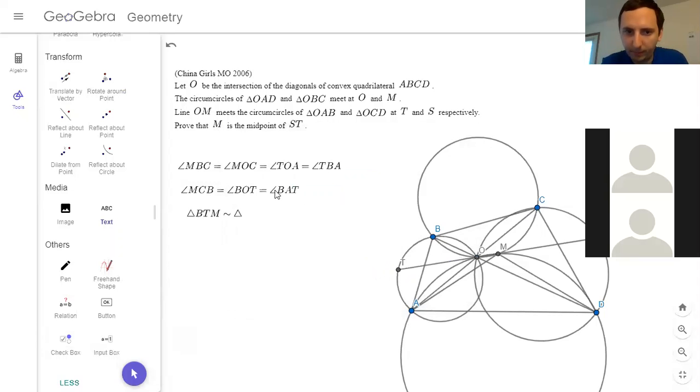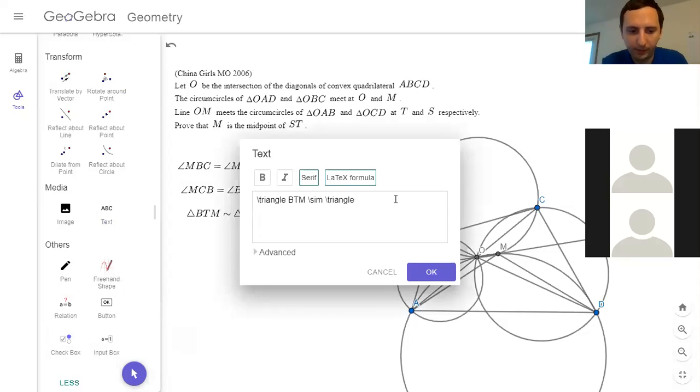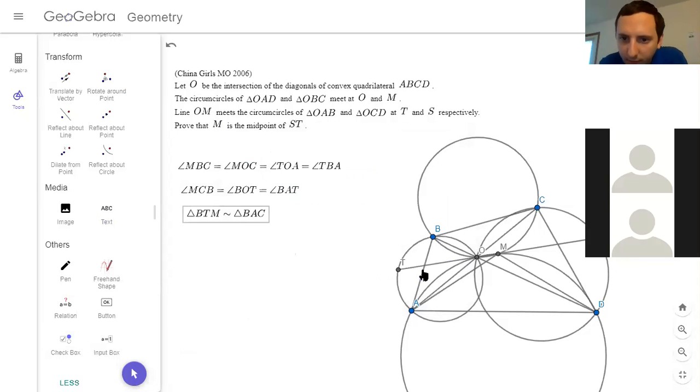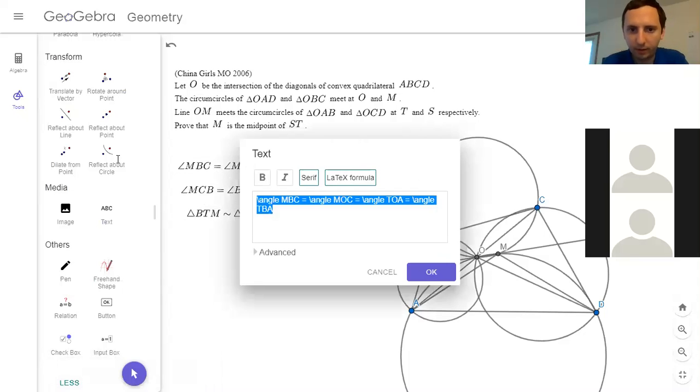So BTM is similar to BAC. We have angle BTO is equal to angle BAC. Let me rewrite this. All right.